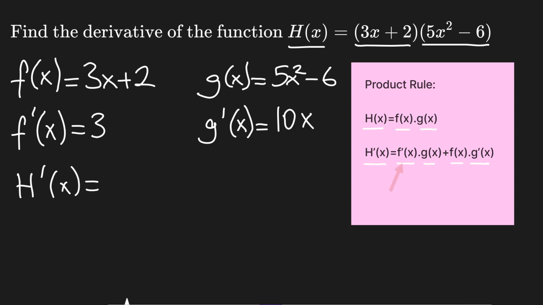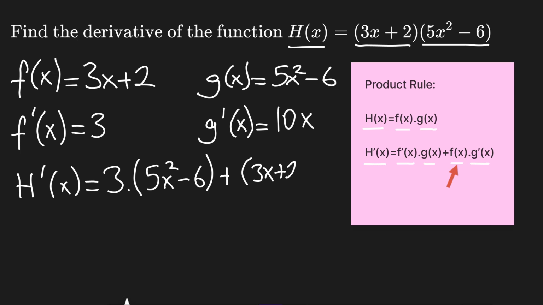Derivative of h of x is equal to 3 times 5x squared minus 6 plus f of x is 3x plus 2 times derivative of g of x is 10x.